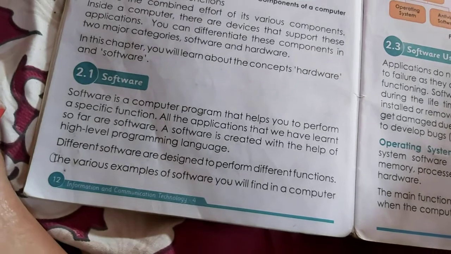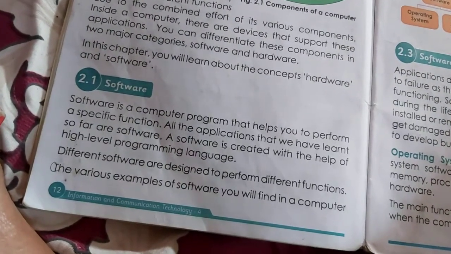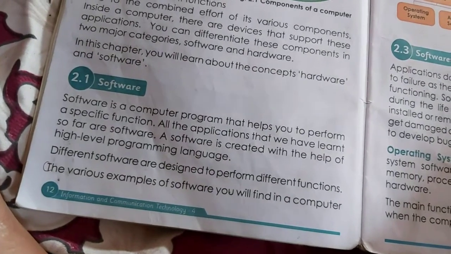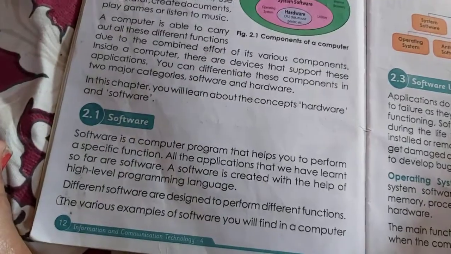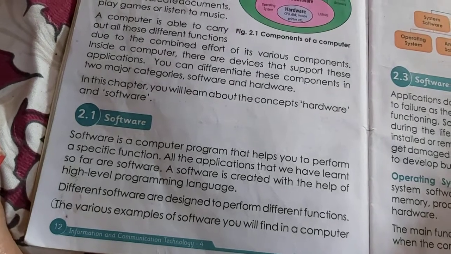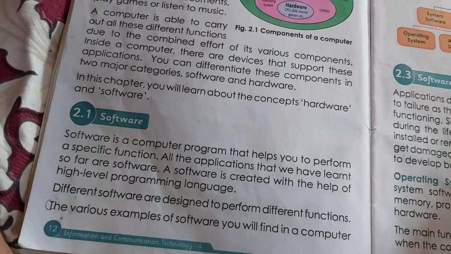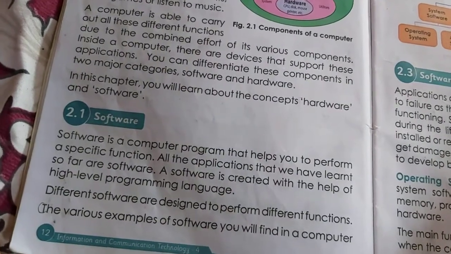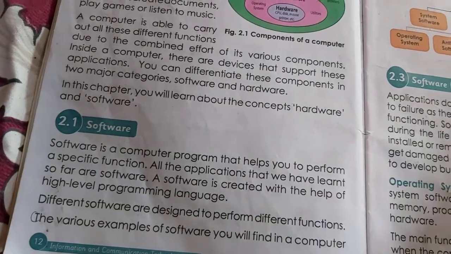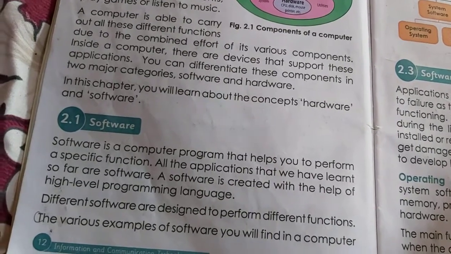C, C++, Java, these are all programming languages. In the future, if you go into engineering, especially in the field of computer IT, you will learn more about these programming languages. You will learn how to create software in engineering.